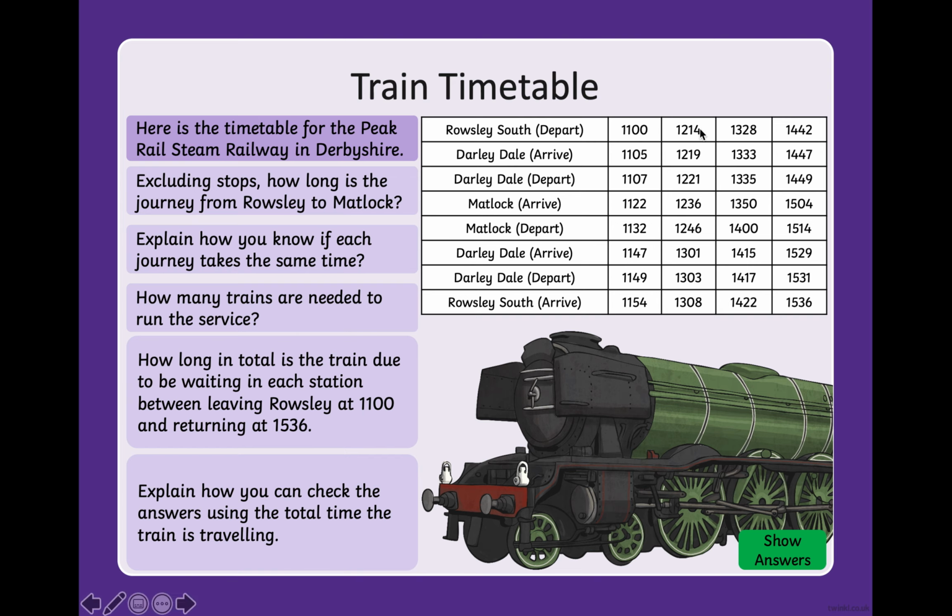If we count the Roseley South on this column, 12:14 to Matlock again, 12:14 to 12:36. I'm gonna basically say, well, this is 12:15 to 12:30. So that's basically 15 minutes. And I gave this 1 minute, and I have 4 here. So basically that's 20 minutes in between.